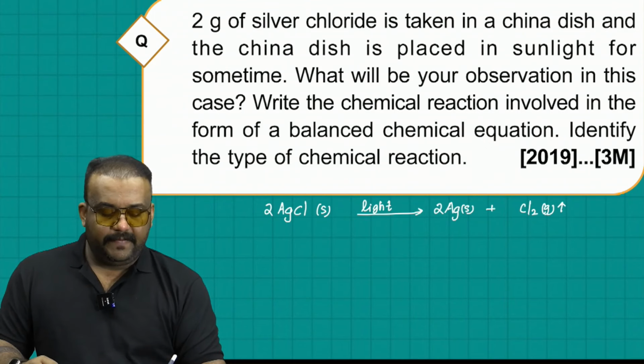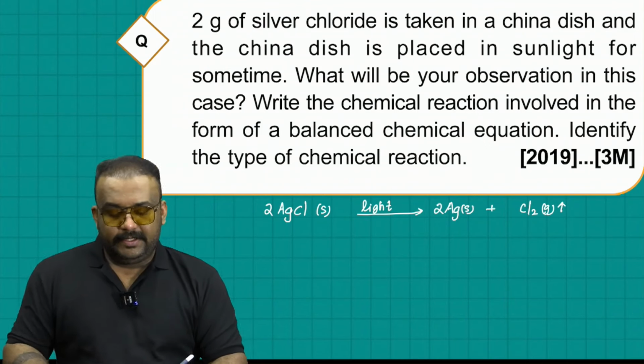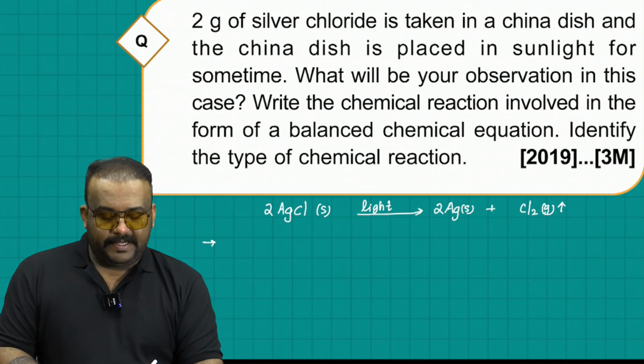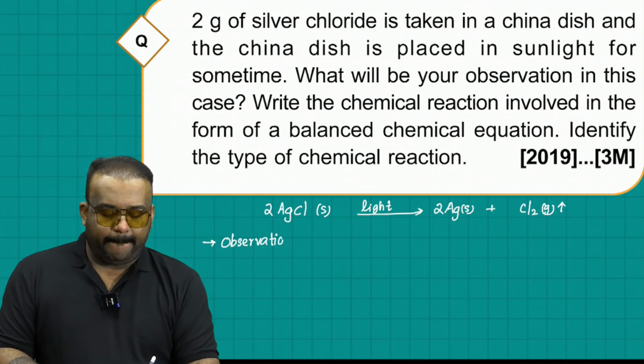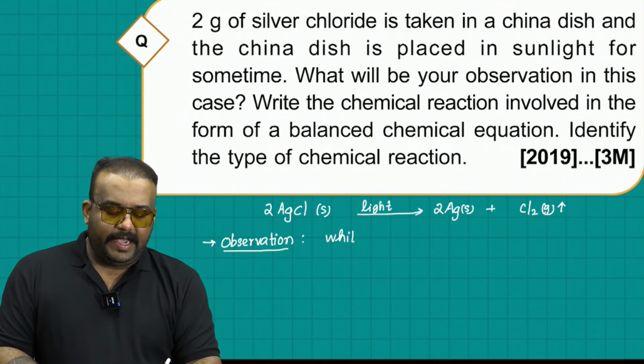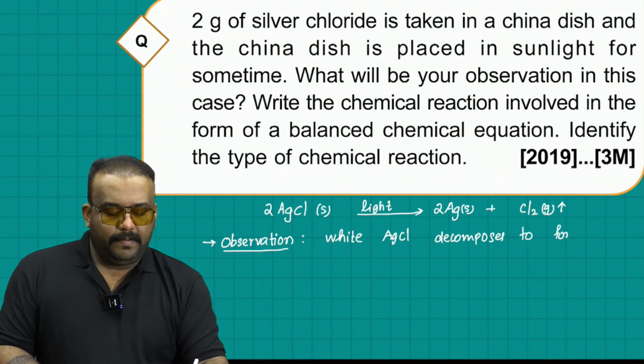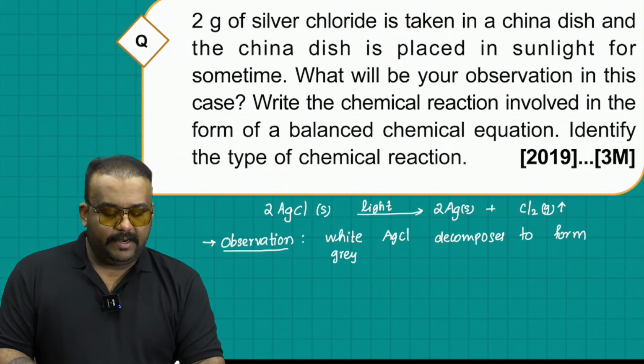So 2AgCl giving 2Ag plus Cl2. So part by part if you answer, first part is, what is the observation? Observation is the white AgCl decomposes to form grayish silvery metal, right?